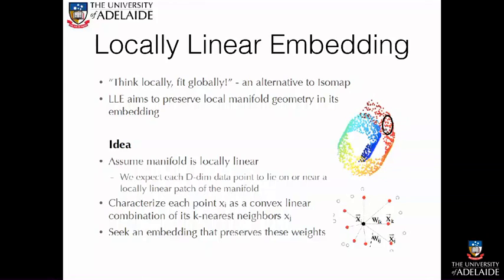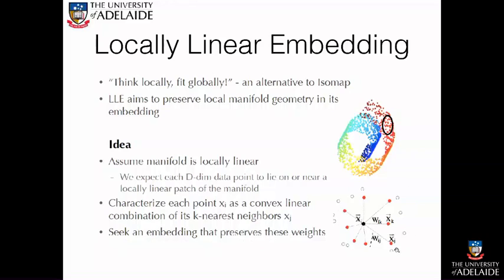This small patch is locally linear, which means within this small patch, we can safely use Euclidean distance to measure the similarity or dissimilarity of data points. And then we characterize each data point as a convex linear combination of its k-nearest neighbors, right? And then we find the embeddings that preserve those weights, okay?